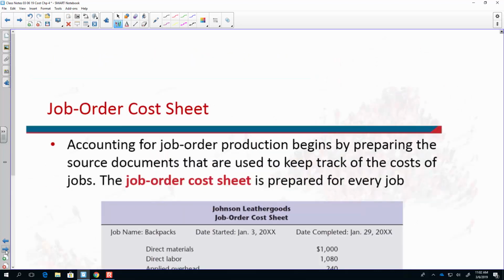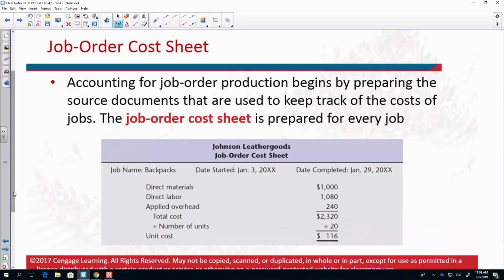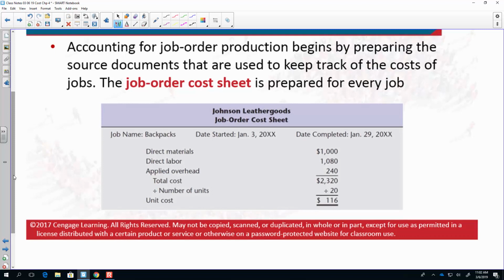And look at a job order cost sheet. Please know what's on it. What goes into a job order cost sheet? Well, the job name, the date range. What 3 items?